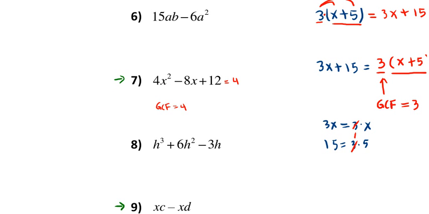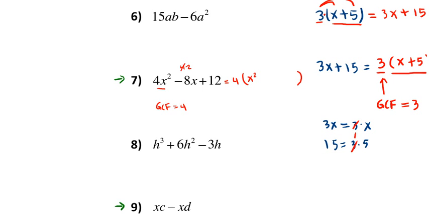Take it outside the parentheses and see what remains inside the parentheses. From this term, it remains x squared, because that's the only way to get 4x squared when I multiply by 4. I took this 4 out and I'm left with x squared. From the middle term, if I take a 4 out, a 4 from the 8, that means 4 times 2.